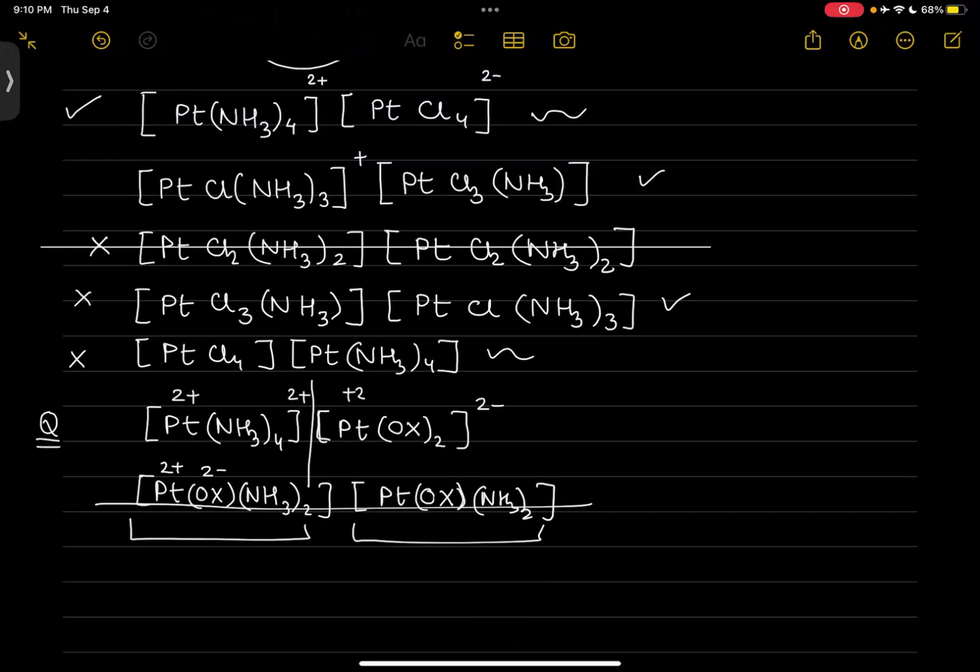That thing you must keep in mind. And in the second case, if you bring two oxalato, you need to take all the four NH3 on the other side. That will just be the same as the original isomer. Is it clear?